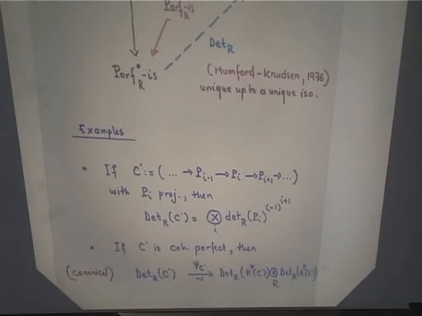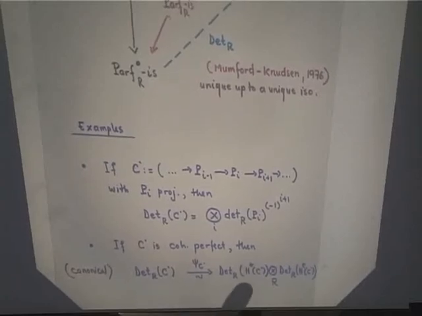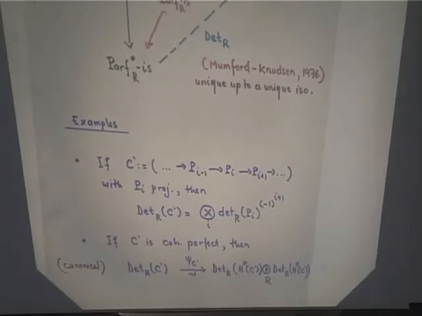And now it turns out that if your complex is cohomologically perfect, in other words, its cohomology groups are individually R modules of finite projective dimension, then there is a canonical isomorphism between the determinant of the complex and the determinant of the odd part of the cohomology, tensored with the determinant of the even part of the cohomology. Sorry, there is a -1 missing. So the even part shows up at the -1 power here.